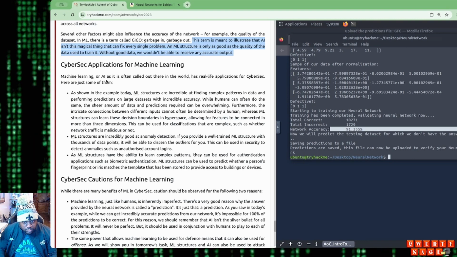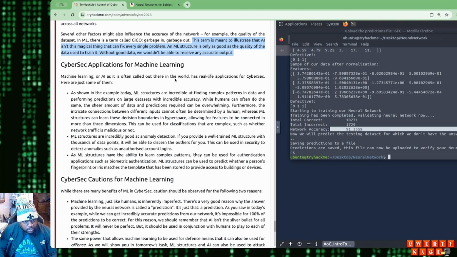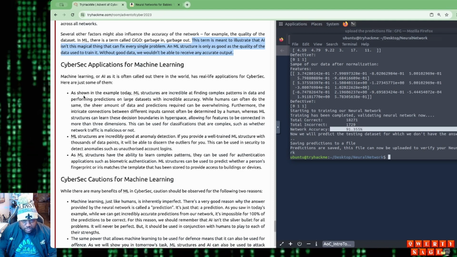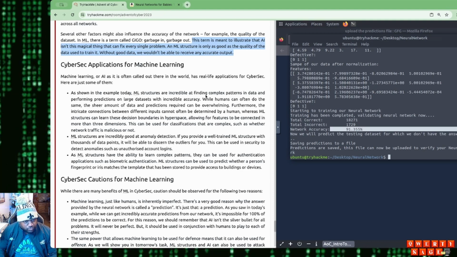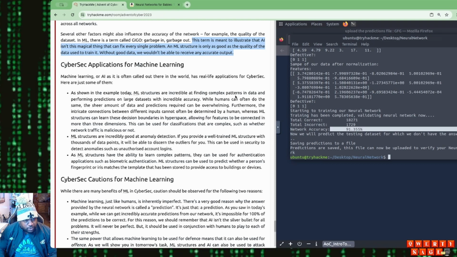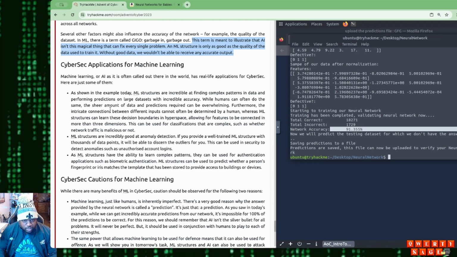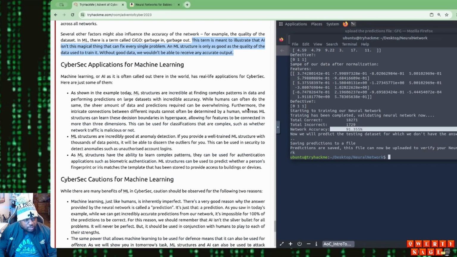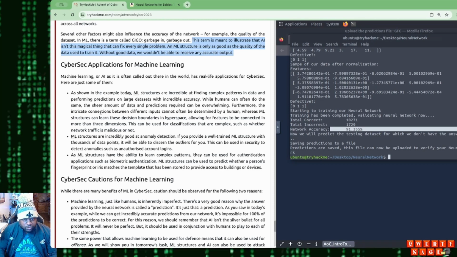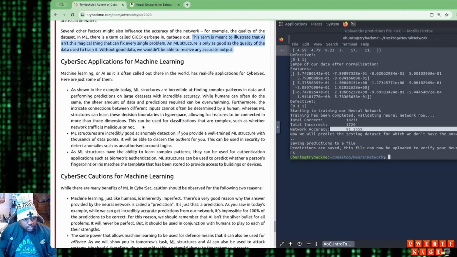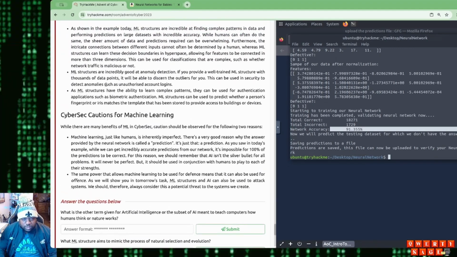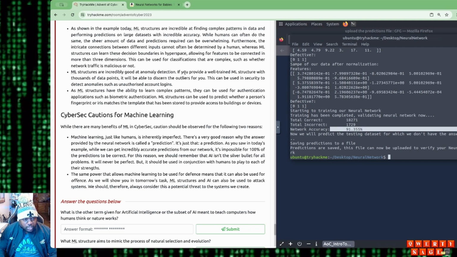Machine learning, or AI as it's called in the world out there, has real life applications, as shown in the example. They're incredibly good at finding complex patterns in data and performing predictions, so large data sets with large accuracy. While humans can often do the same, the sheer amount of data and predictions could be overwhelming. They're incredibly good at anomaly detection.